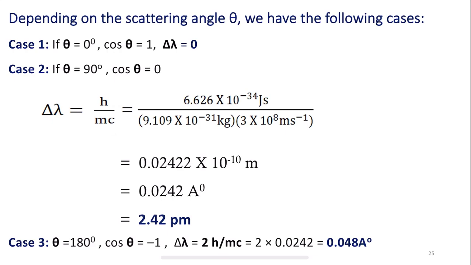What is the value of h divided by mc? All are constants. h is Planck's constant, m is the mass of the electron and c is the velocity of light.